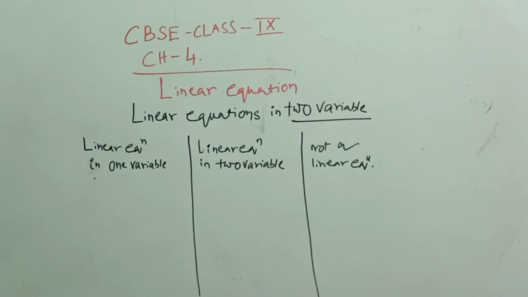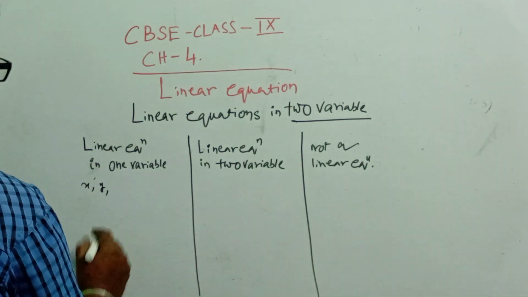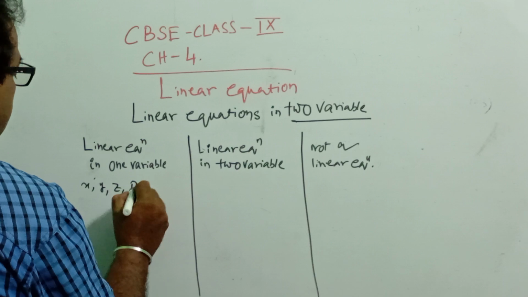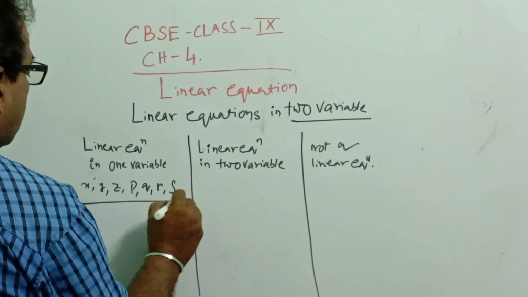Clear? Now first thing is one variable, that means either x, y, z, p, q, r, s, whatever the variable may be.